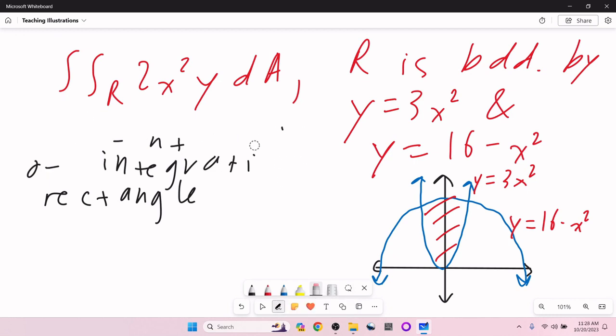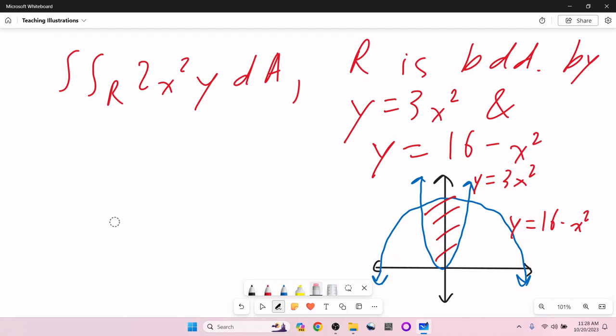So, we know what the function is. In fact, we can say z equals 2x squared y, and that's kind of like the ceiling. So, we have this floor plan being this oddly curved shape here, and above it the ceiling is at a height which is determined by multiplying x squared times y times 2.